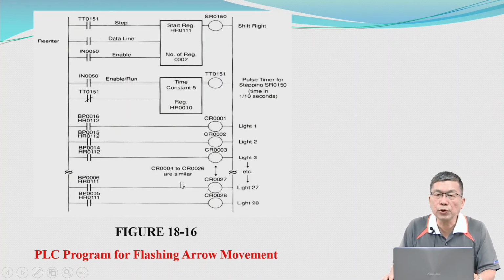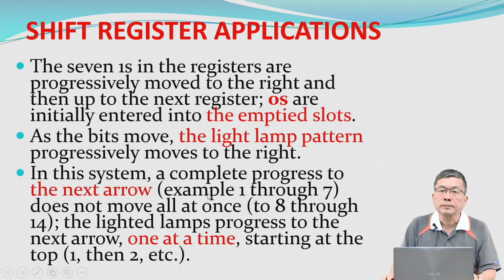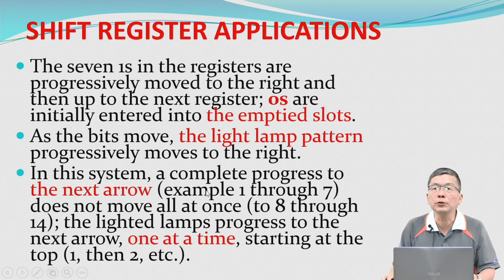This picture shows the PLC program for the fraction arrow movement. The 7 ones in the register are progressively moved to the right and then up to the next register.